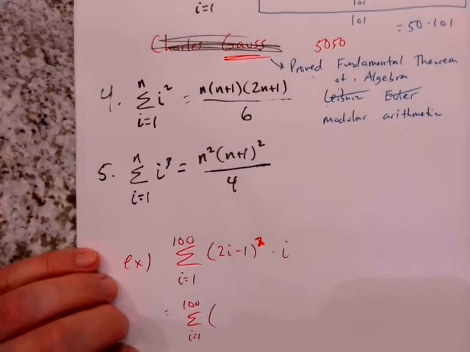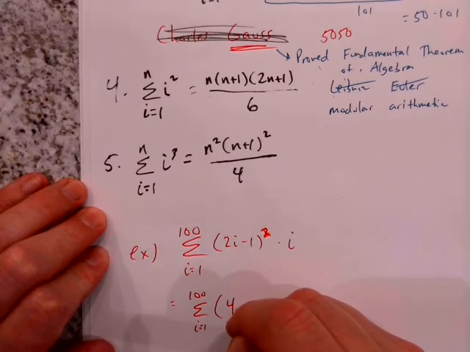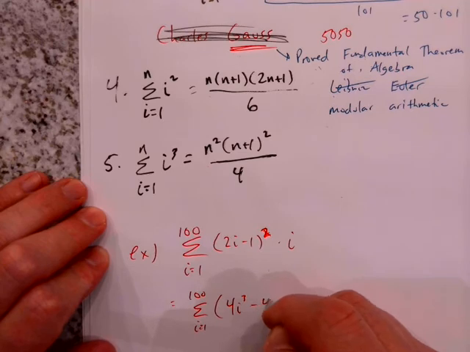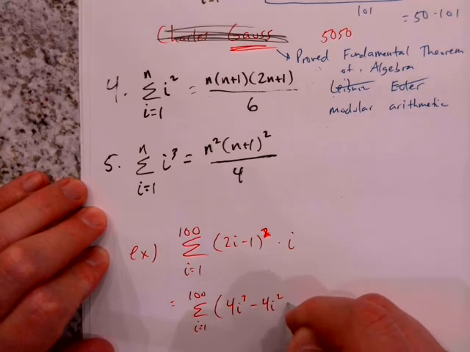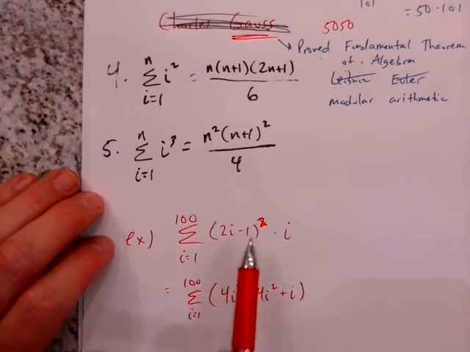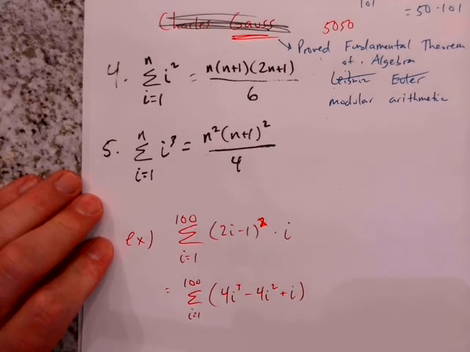So first you multiply all that out. So when you multiply it out, it gives you 4i cubed minus 4i squared plus i. So again, you get that by squaring that and then timesing everything by i.